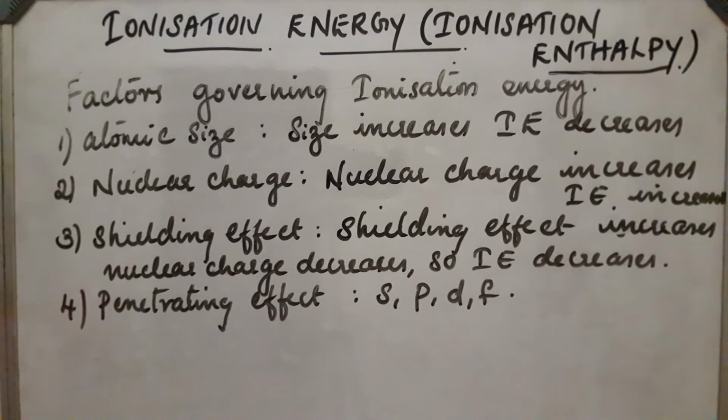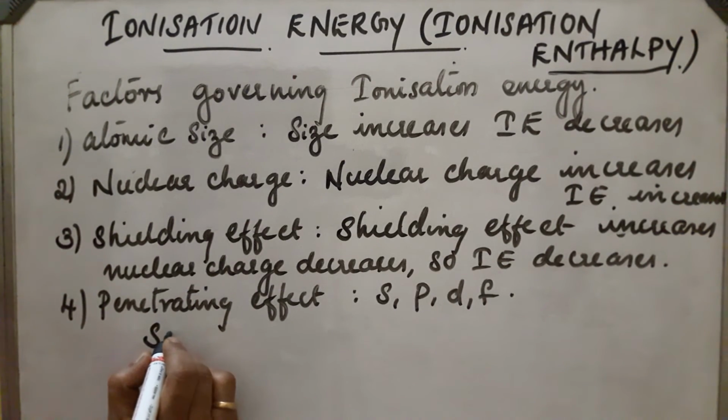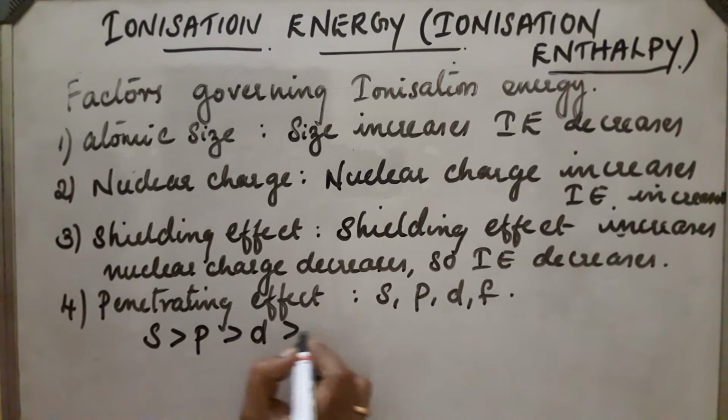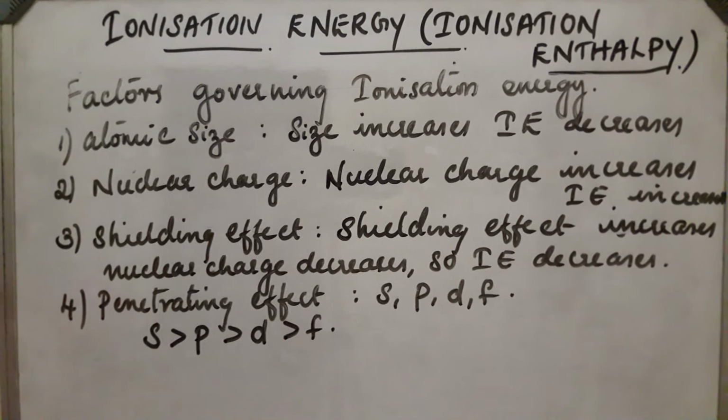S has more penetrating effect, then comes P, then D and F. Those having more penetrating power have more ionization energy. So the order of ionization energy will be S greater than P, greater than D, then F.